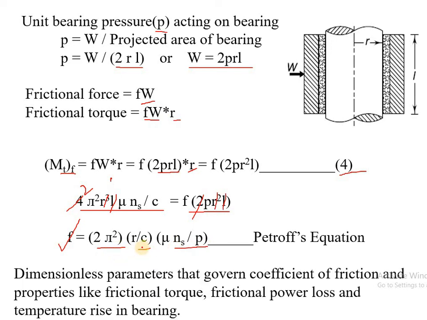Now here R by C and this mu ns by p, you can say this Petroff's equation gives you the dimensionless parameters. These are the dimensionless parameters that govern the coefficient of friction and various properties like frictional torque. So once you get this, you can find out frictional torque, frictional power loss and the temperature rise in the bearing. So Petroff's equation is used to study the different frictional properties of the bearing.